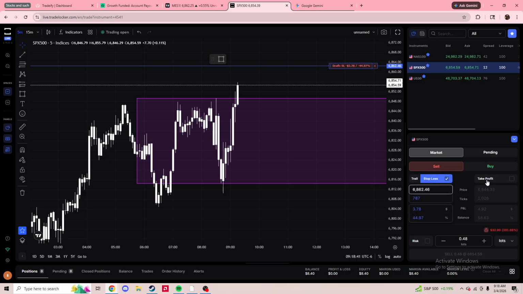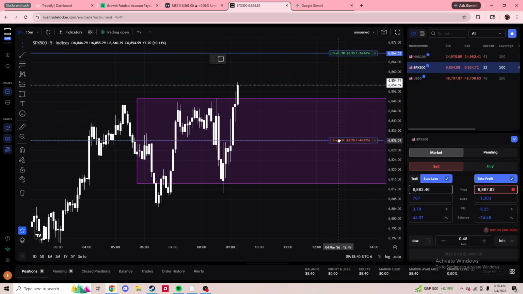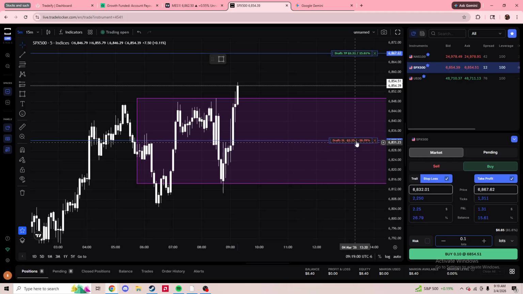What am I doing? This hasn't even retested yet, and who knows if it will. Let's hop in over here. Let's turn the lots down now, because I have no money over here. Can I not trade over here? I can. Only one. Jeez, look at this. $1. Come on, guys.